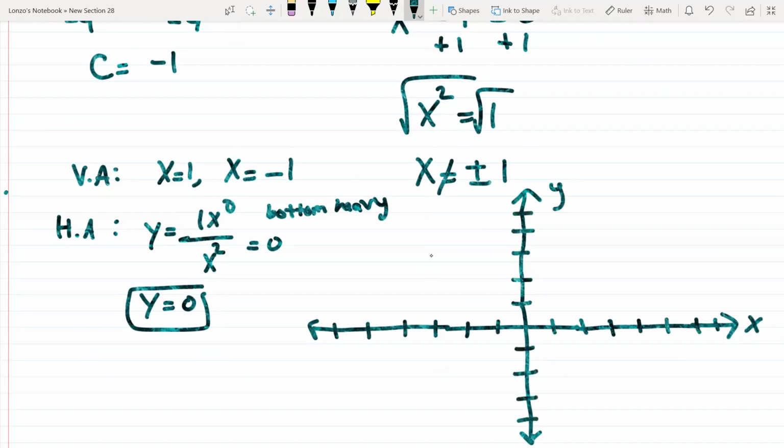Let's graph our vertical asymptote, which is x equals 1. Here's one of them, a dashed line. And yes, you can also put this in Desmos. Then your other vertical asymptote is x equals -1. And then your horizontal asymptote is y equals 0. Let's use a different color so you don't get confused. You draw y equals 0 like this.